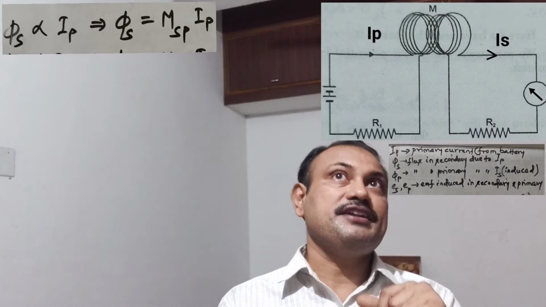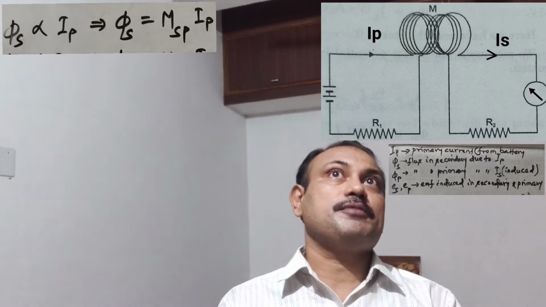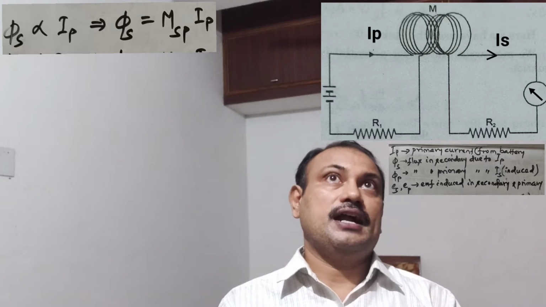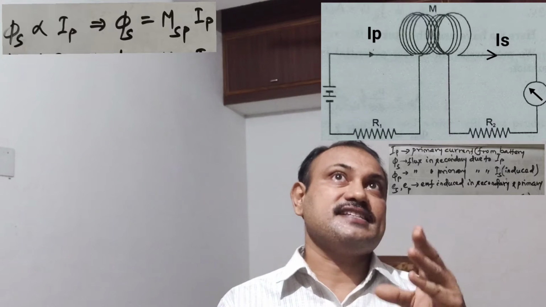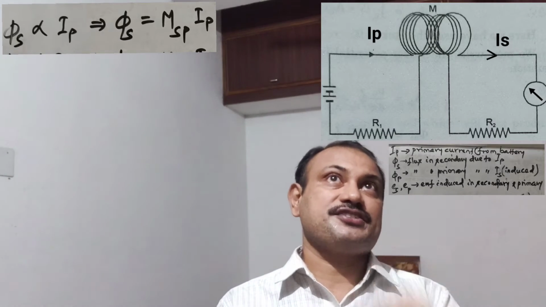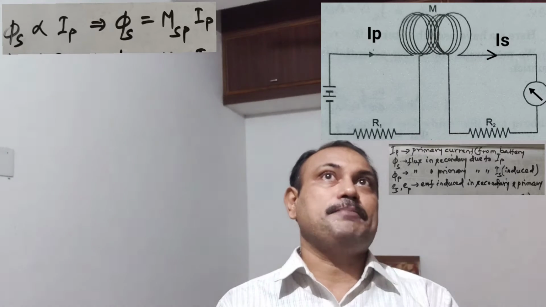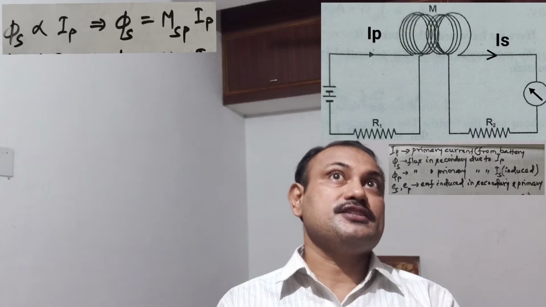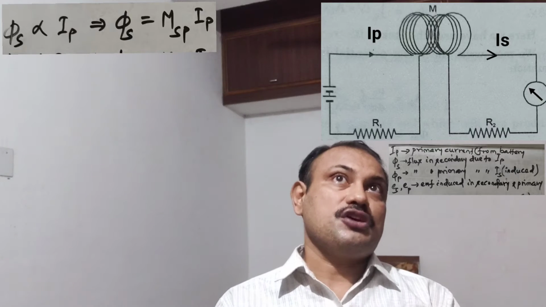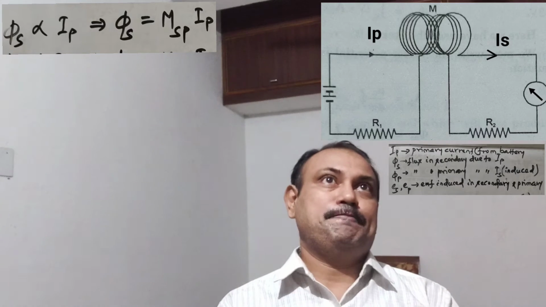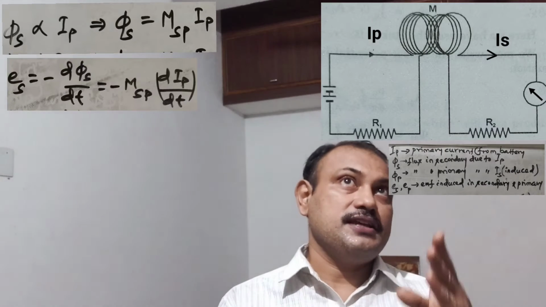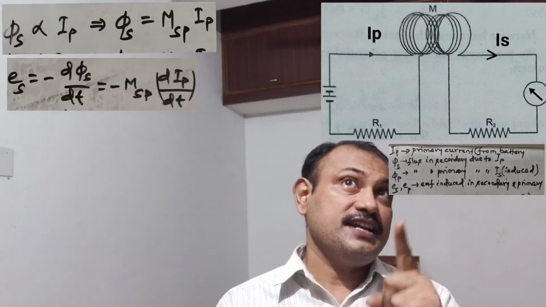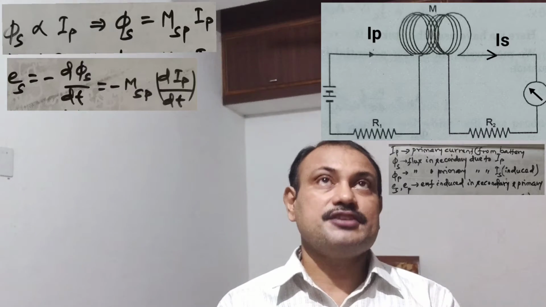So we can write that phi S is directly proportional to IP, which gives phi S equal to some proportionality constant, let us say MSP, times IP, where MSP is the coefficient of mutual induction of secondary with respect to primary. And obviously from Faraday's law we know that the rate of change of magnetic flux gives rise to EMF.